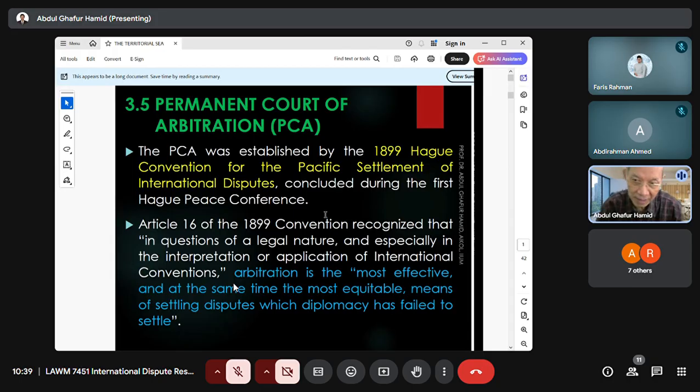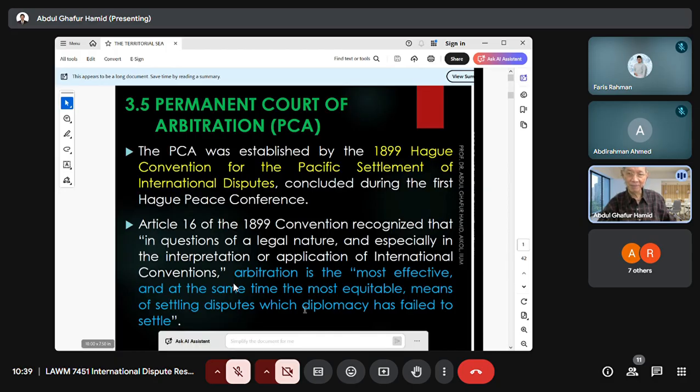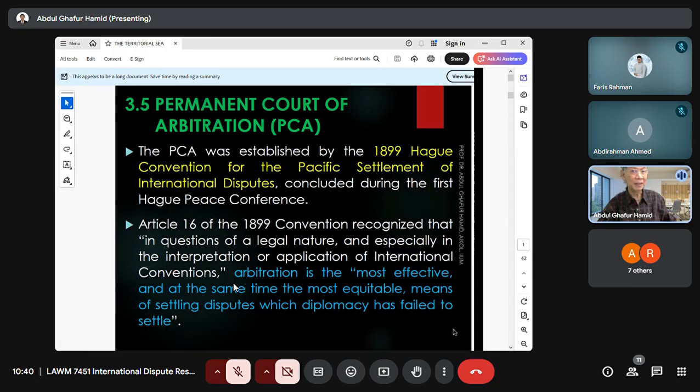And Article 16 of the 1899 Hague Convention stated that arbitration is the most effective and at the same time the most equitable means of settling disputes which diplomacy has failed to settle.